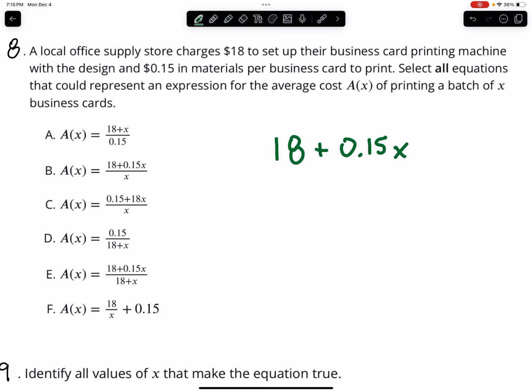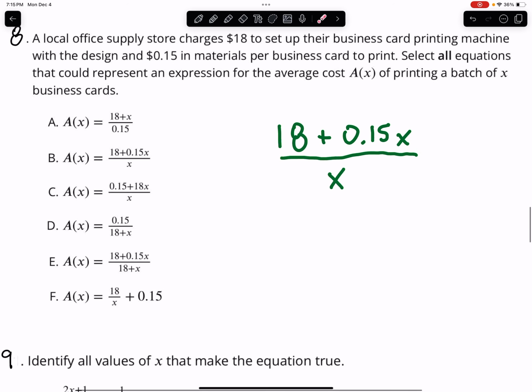So let's divide it by how many business cards we printed. So this X and this X represent the same thing, how many cards we print. We're going to pay 15 cents per each card we want printed. We're going to add it to the 18 bucks we paid. And then we're going to divide it by how many cards we printed to see how much each one cost.